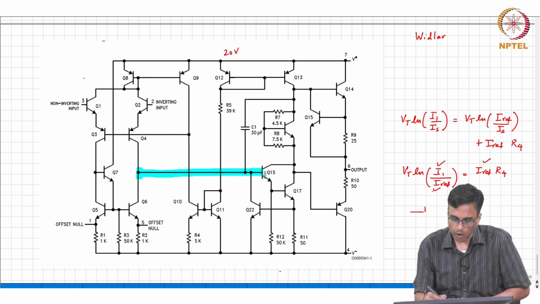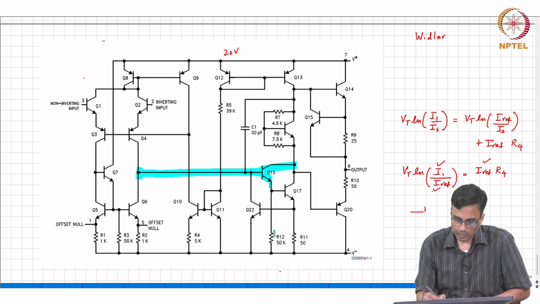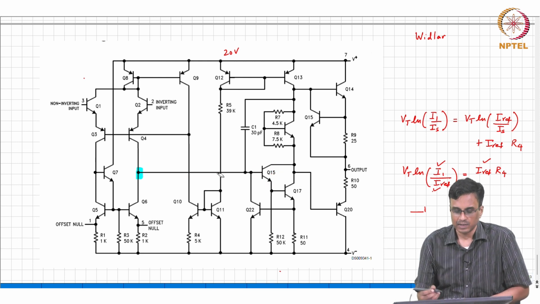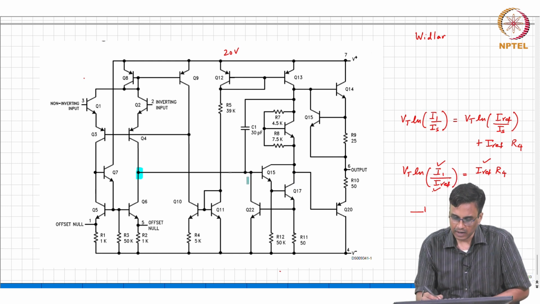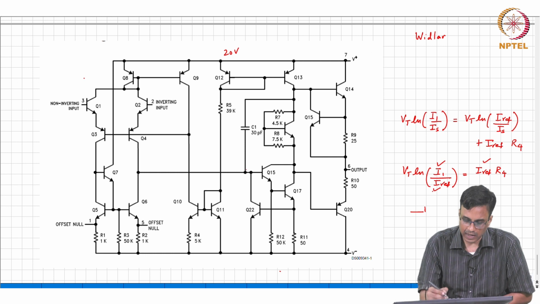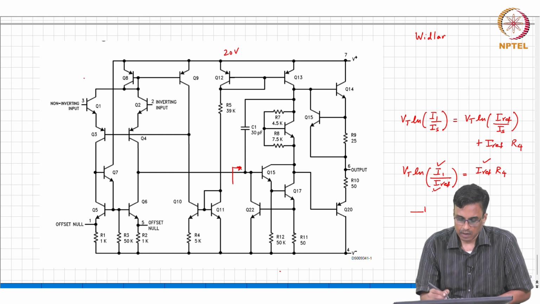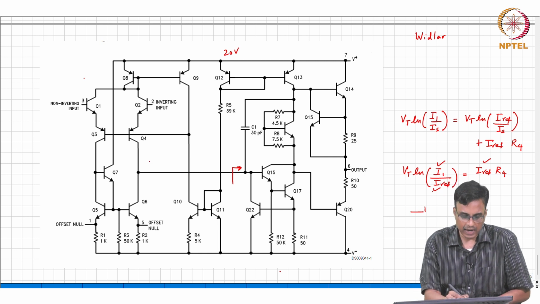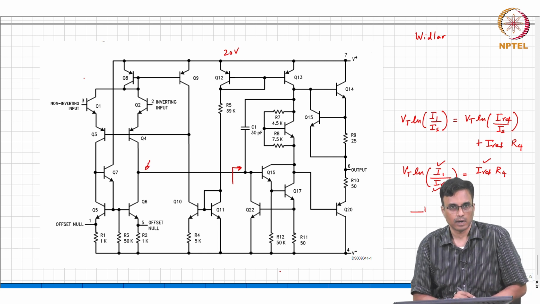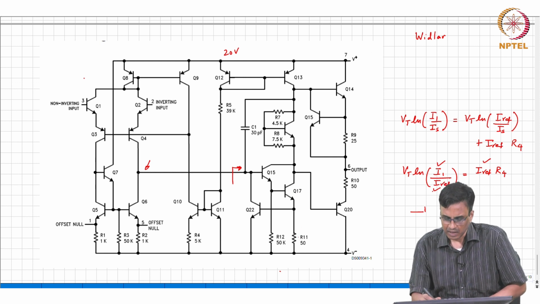Q15. Q15 is what? What is it acting like? Yeah, it is basically acting like a VCVS, and therefore its job is to simply increase the input resistance looking into the base, so that the gain here is not compromised. So, that drives Q17.